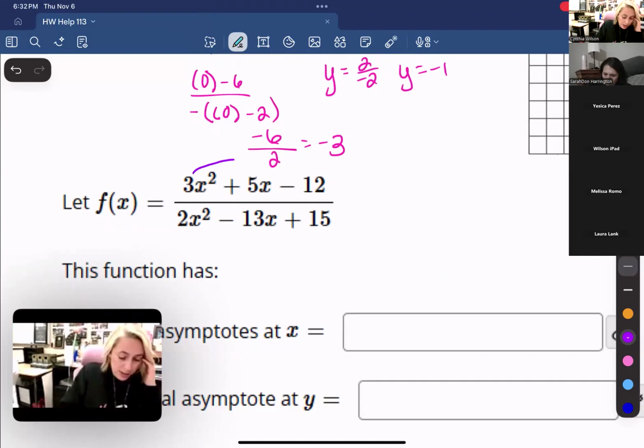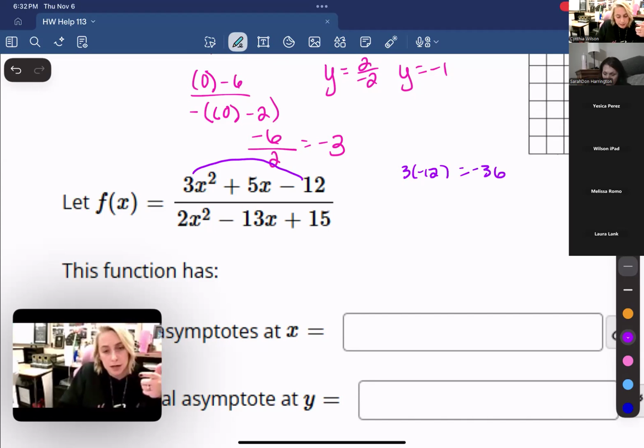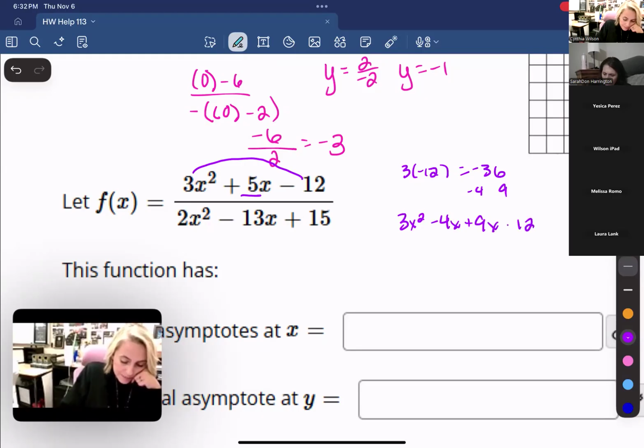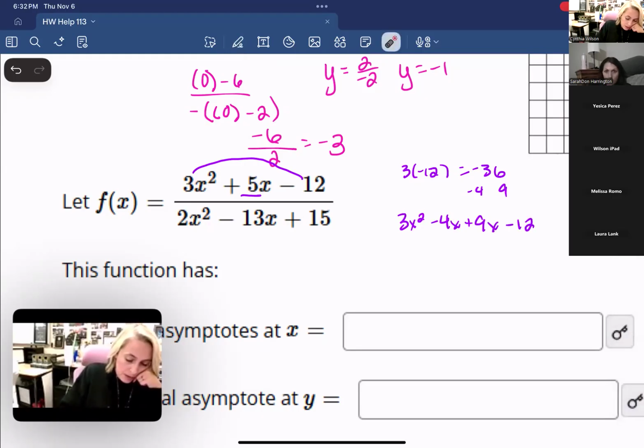So multiply that 3 by that negative 12, and you want to find factor pairs of negative 36 that add to be 5. So it's going to be negative 4 and positive 9. And what I'm going to do now is break up that 5 into a negative 4x and a positive 9x.